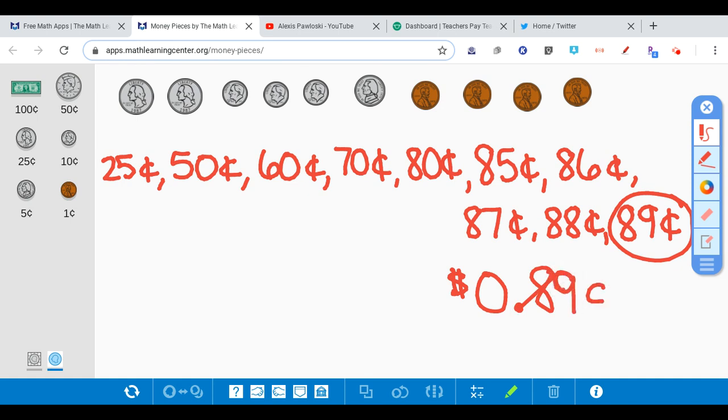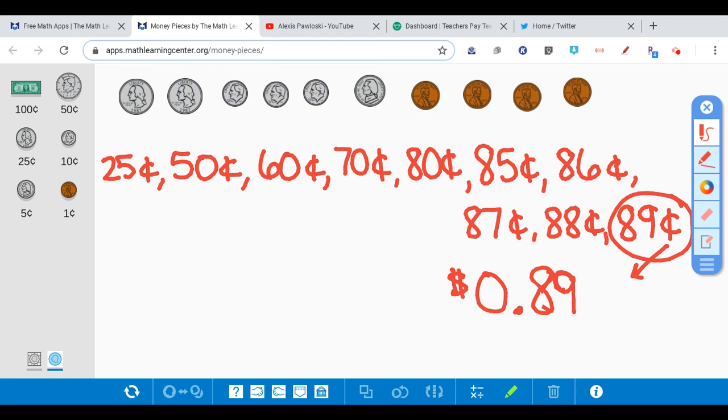Now, because we have the dollar sign, this cent sign here goes away. Okay? We don't put it when we talk about how many dollars and cents. So once we have dollars and cents, we just put $0.89 with just the dollar sign.